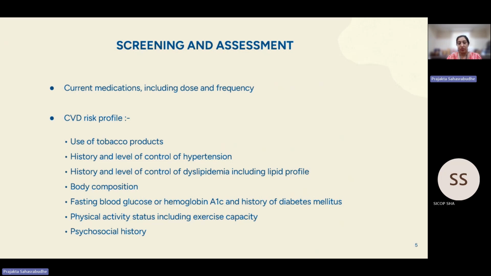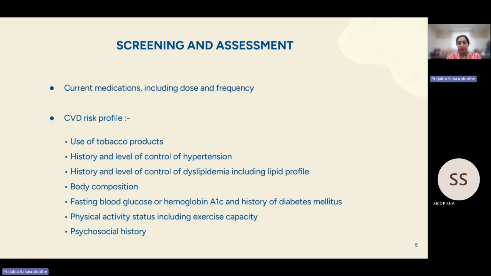What is the psychological history of the patient? A very important factor from a physiotherapist's perspective is sedentariness, which is one of the major risk factors, and that is easily modifiable.